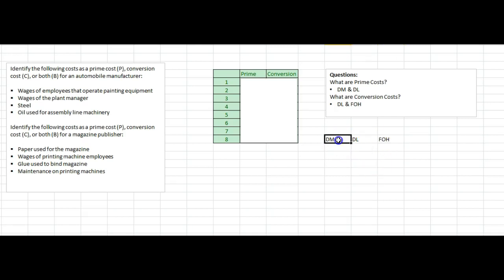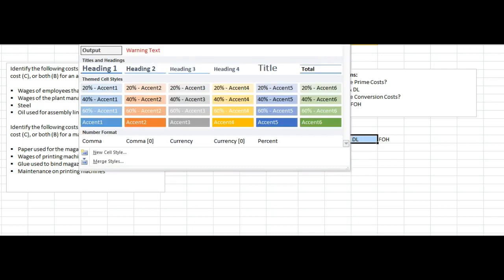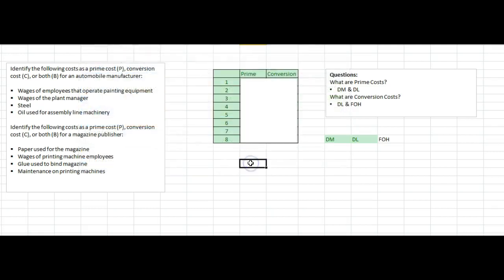If you combine direct materials and direct labor, you have what they call prime costs, because these are the prime costs that are very intrinsic into the product. You have to have those before you can make the product.